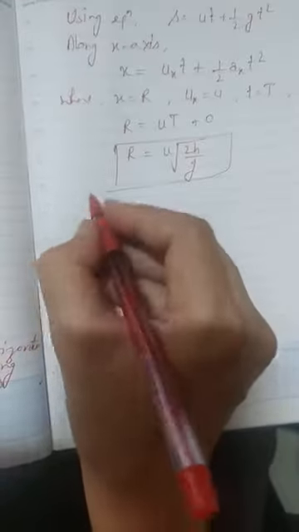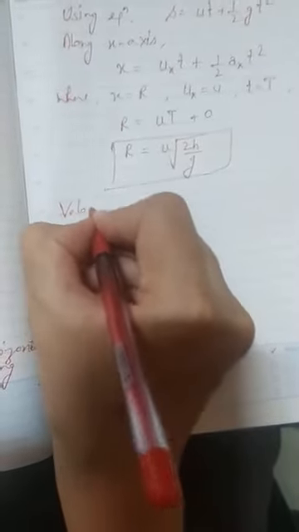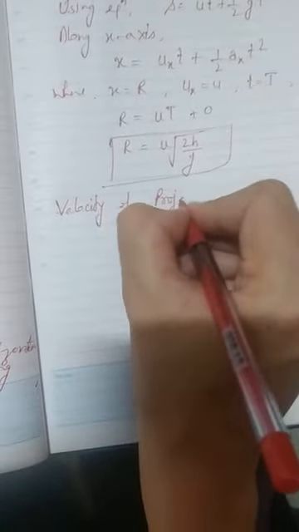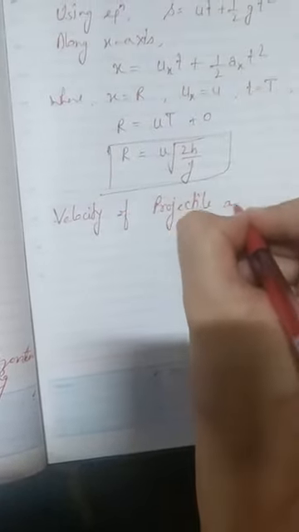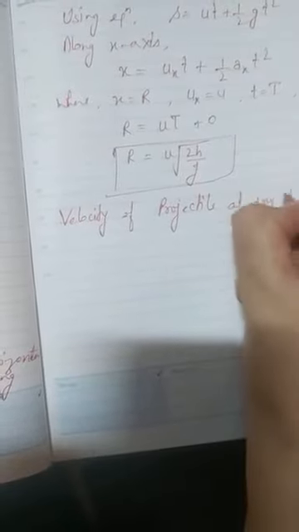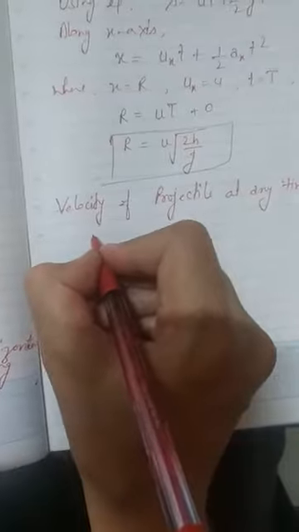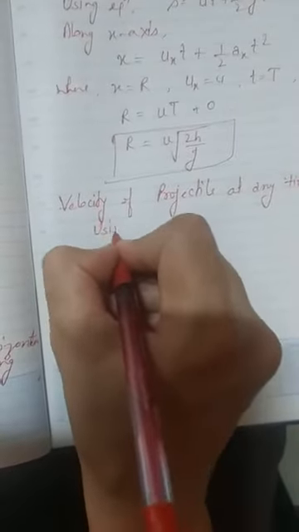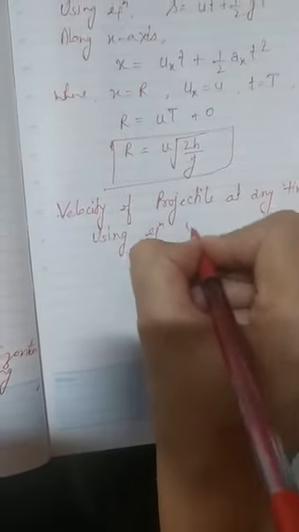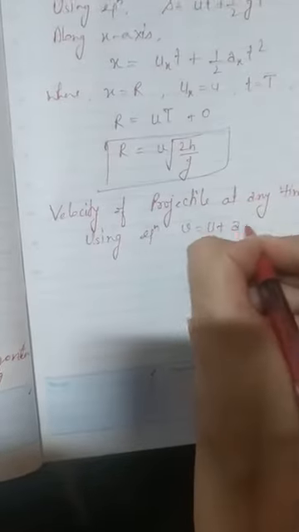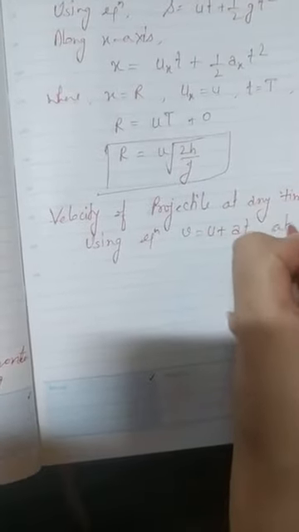Now next our velocity. The velocity of the projectile at any time t, using the equation v equal to u plus at. Along the x-axis we will find first.